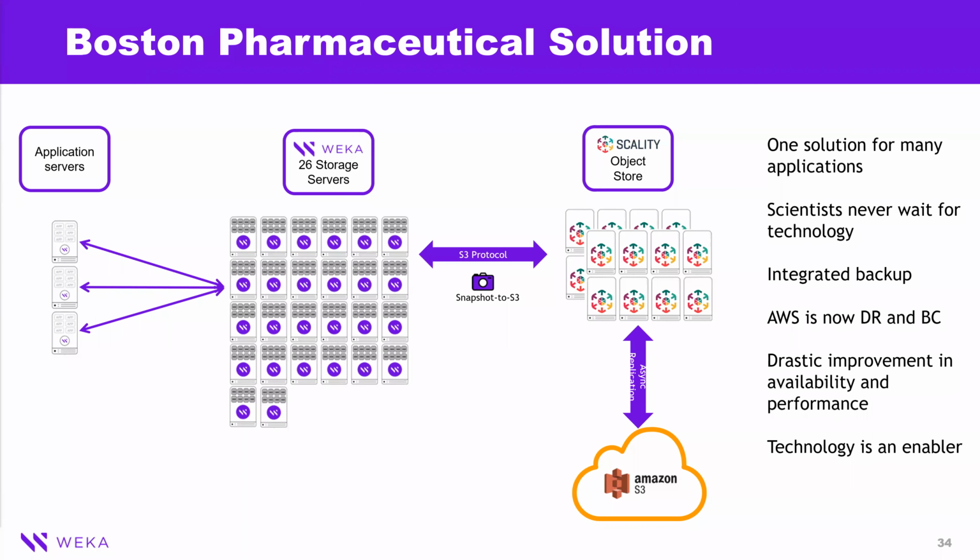This cluster is used for many different applications, which really shows that Weka can provide access to all sorts of data patterns, and you can simply shift the workloads as needed without having to move any data around within the cluster. You simply move the applications, and Weka will provide the correct performance and capabilities needed.